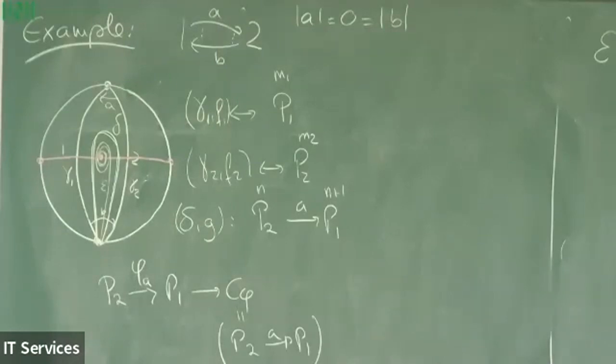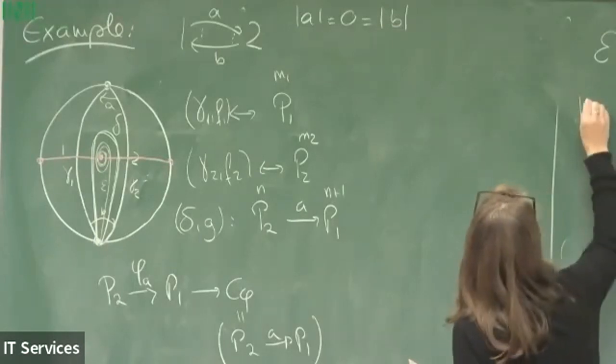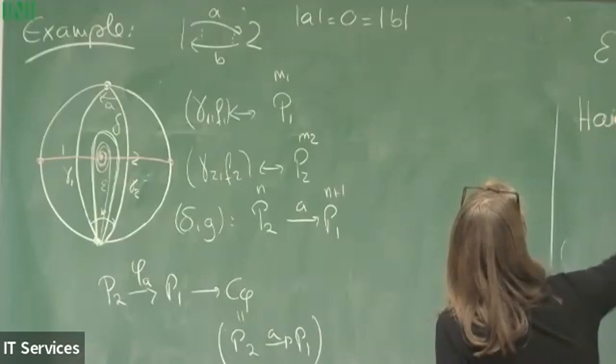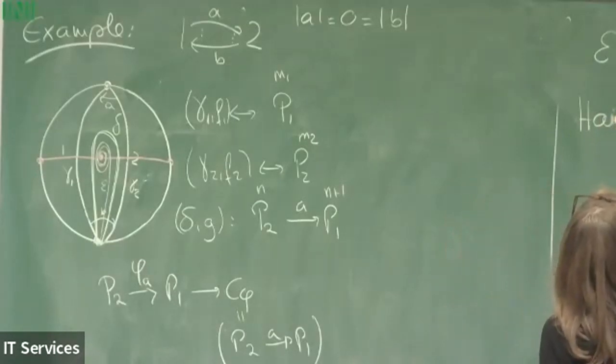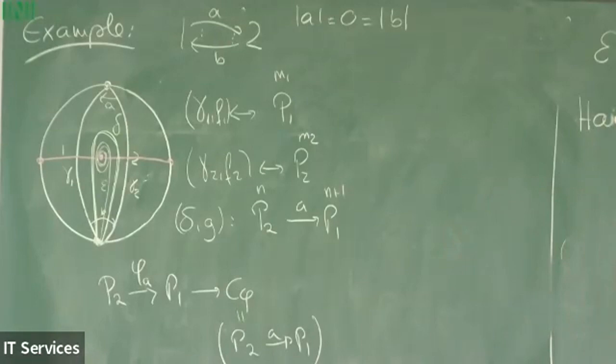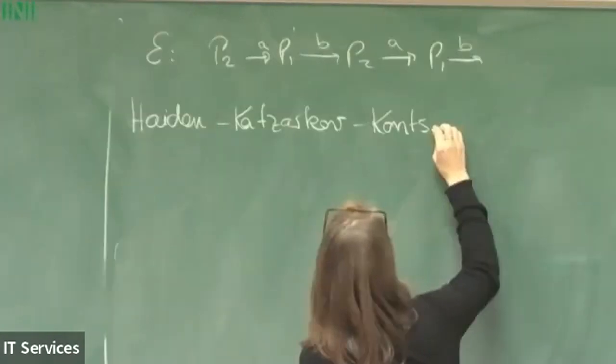Okay, this is nice because, of course, derived categories are difficult to understand, but it turns out that this is also connected more generally to geometric objects by the work of Haiden-Katzarkov and Kontsevich.